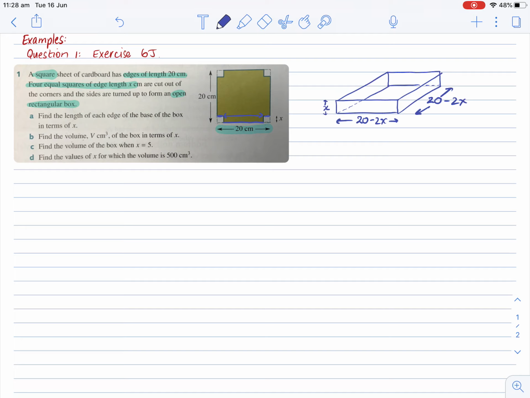Now let's have a little bit more of a look at the questions. Find the length of each edge of the base of the box in terms of x. The first thing I'm going to highlight there is in terms of x. So that means that everything that I write down is going to have x as a variable. So we're going to create expressions or equations that have x as a variable. And in this problem, just by visualizing the problem as a 3D diagram, I've answered this already.